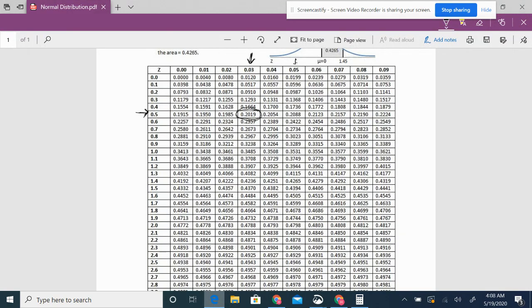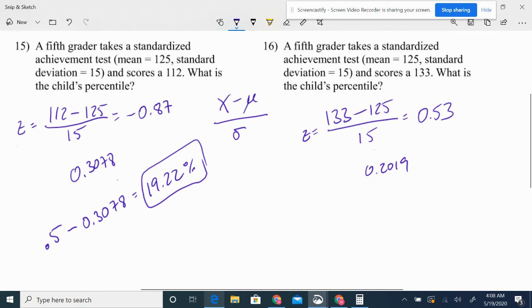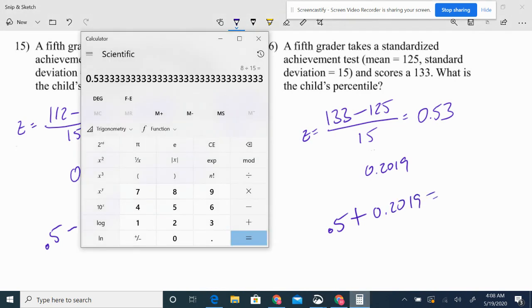Double check. Yep. Okay, so what does this do? I'm just going to say 0.5 plus 0.2019, and it gives me 70.19%.